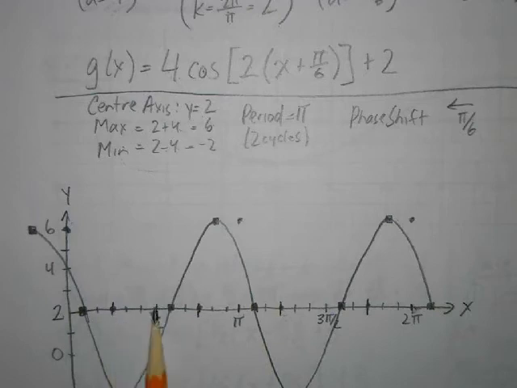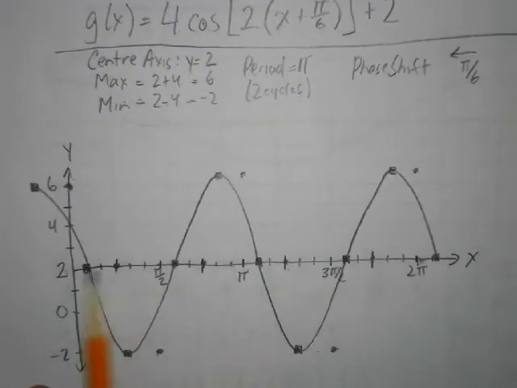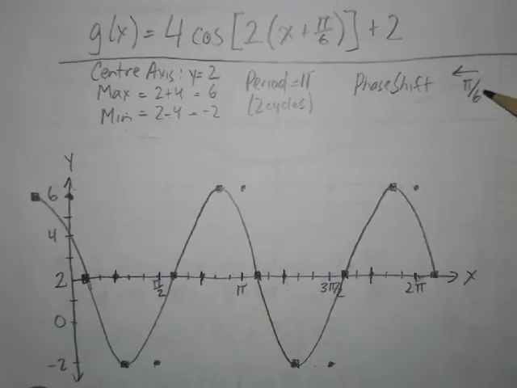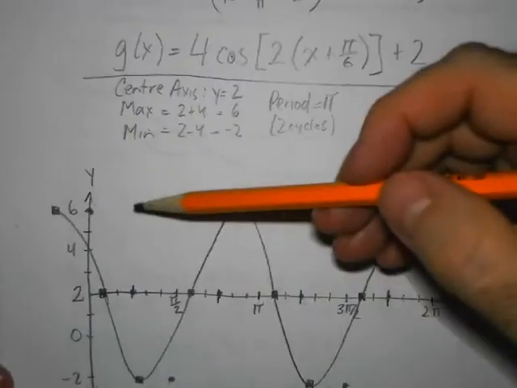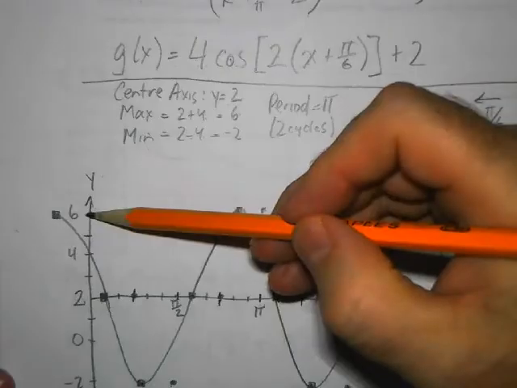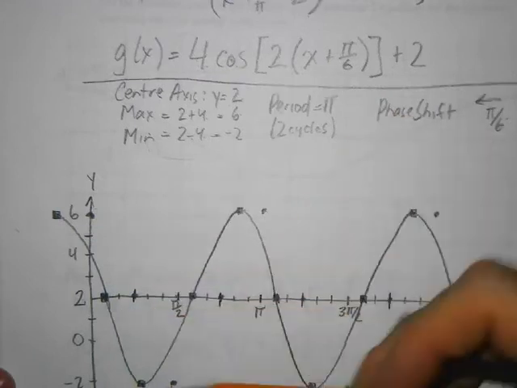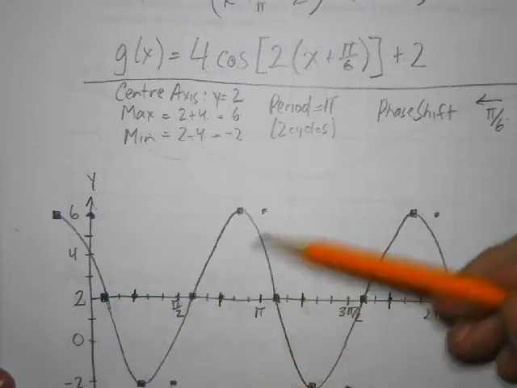And that works out so that there's actually 12 of these intervals for pi. So each of these is pi by 12. And that works out well because pi by 6 is really just 2 pi by 12s. So that means I'm going 2 units to the left. So I take each of these points, start with that one, move this one 2 over, move this one 2 over, everything goes 2 to the left.